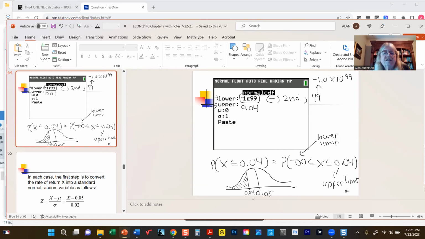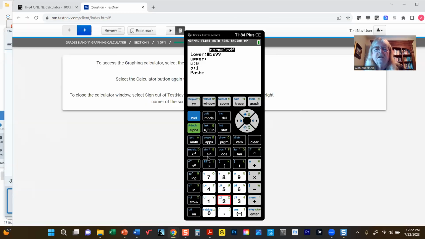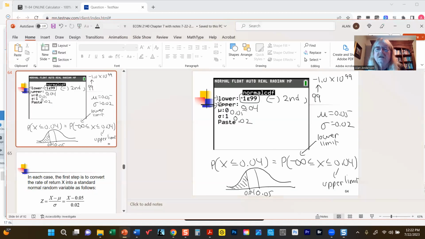Now, remember, we said for this case, the mean is 5. The standard deviation is 2. And when you're done, you hit that paste button, and I think you'll have to hit enter afterwards. So let's go back here and actually do it. Negative infinity is already there. I went with the arrow key down to upper, which is 0.04.